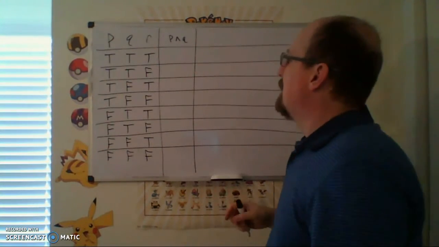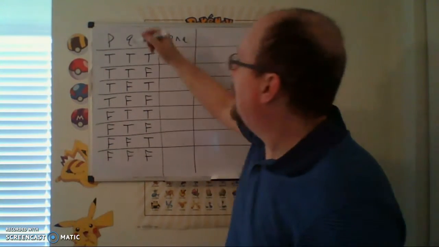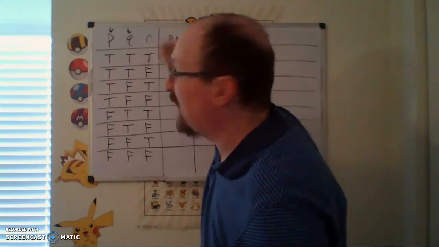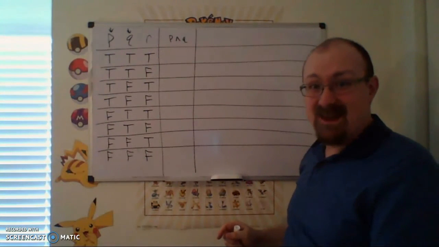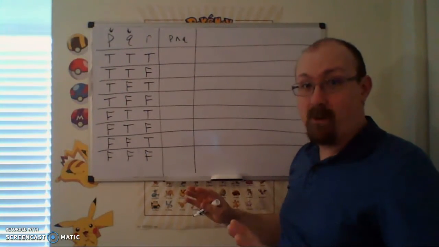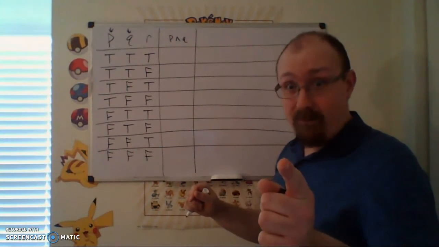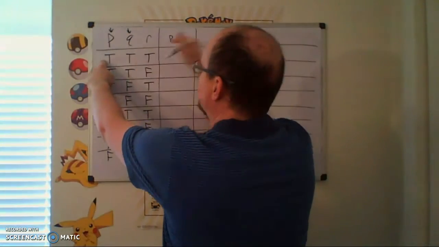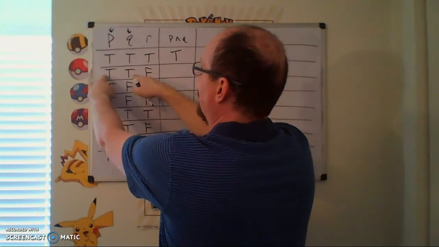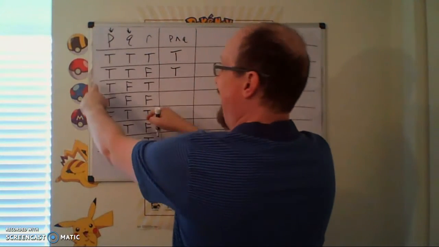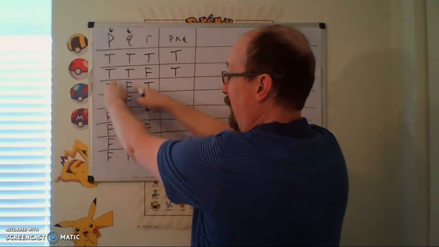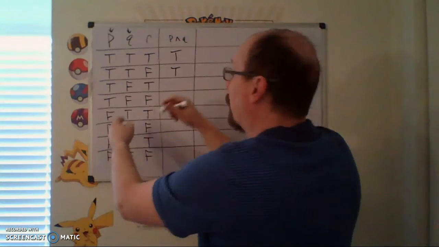But at this point, I need P and I need Q. I can temporarily ignore that the R column is there completely. And as we've said before, a conjunction is true when, that's right, both of them are true. That happens here, that happens here, and it doesn't happen again anywhere else down here. We have at least one false in one of those 2 rows all the way down.